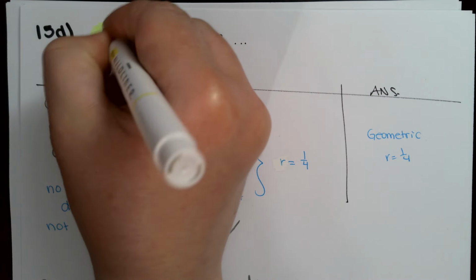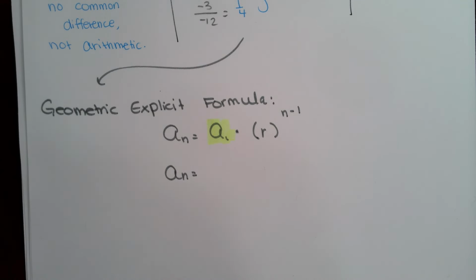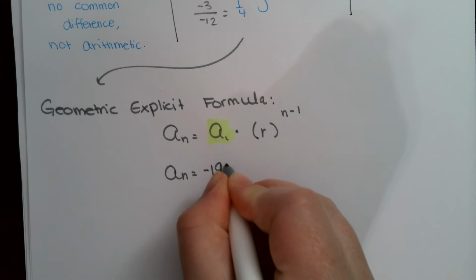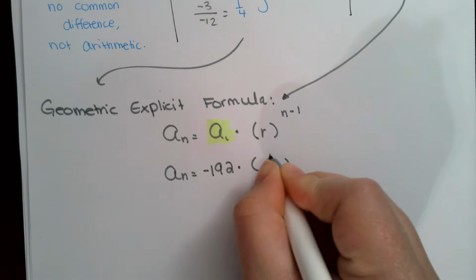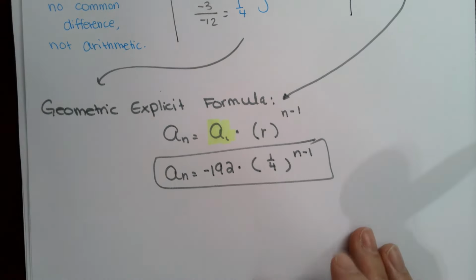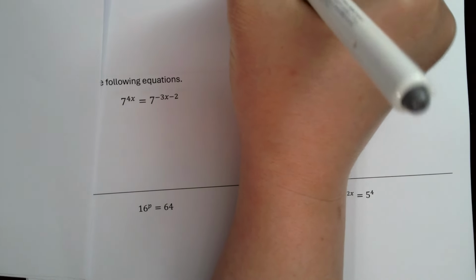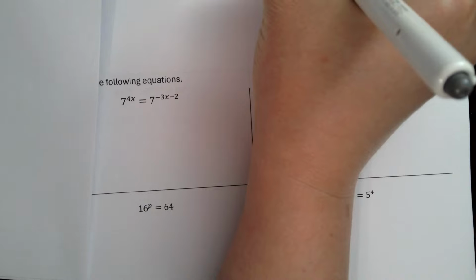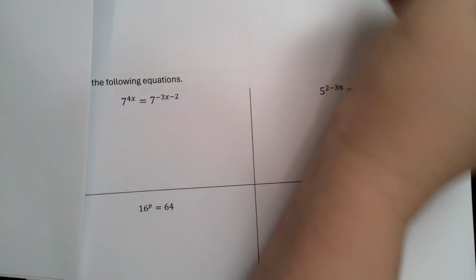The first number that I have in the sequence is negative 192. So we are starting out with negative 192 times our common ratio, which ended up being 1/4, and we keep the n minus 1. Let's copy this down. We had a sub n is equal to negative 192 times open 1/4 to the power of n minus 1.